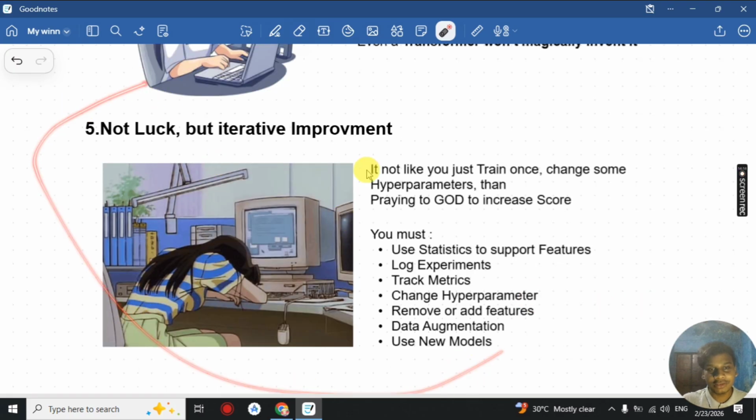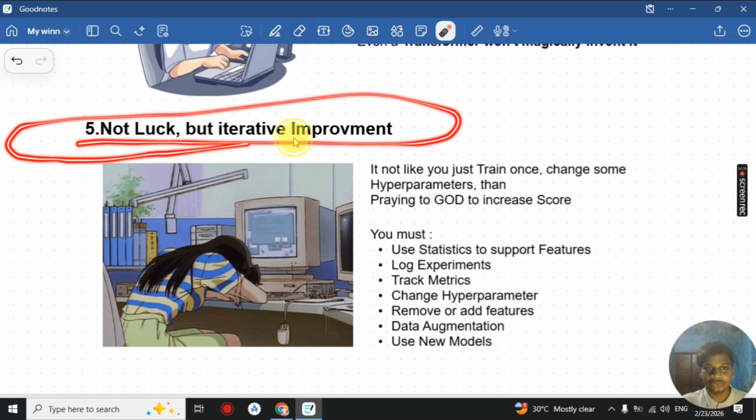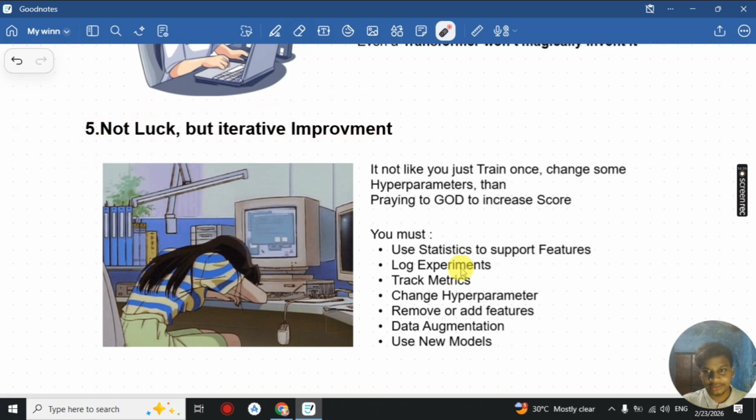And the final tip I would give you is that machine learning is not luck but iterative improvement. Most students make a model, change some hyperparameters, then pray to God to increase their score. They think it's magic, but it is not.